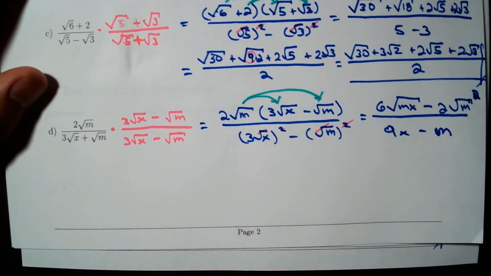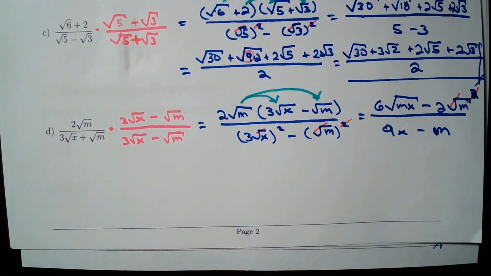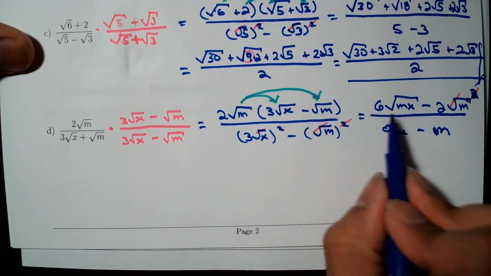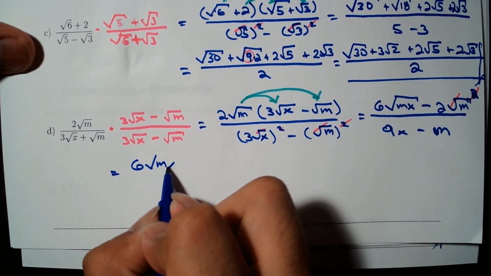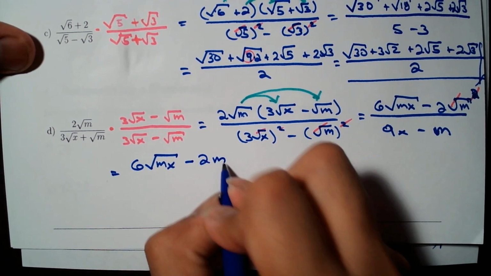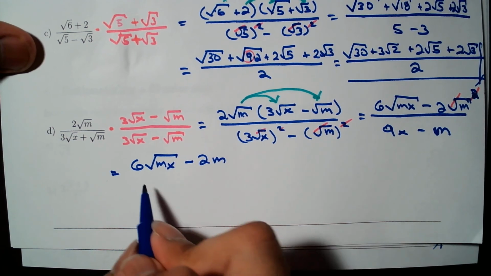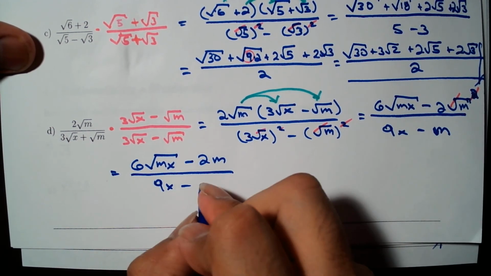But notice in this case how this radical cancels the second power. So 6 square root of mx minus 2m, and in this case all divided by 9x minus m.